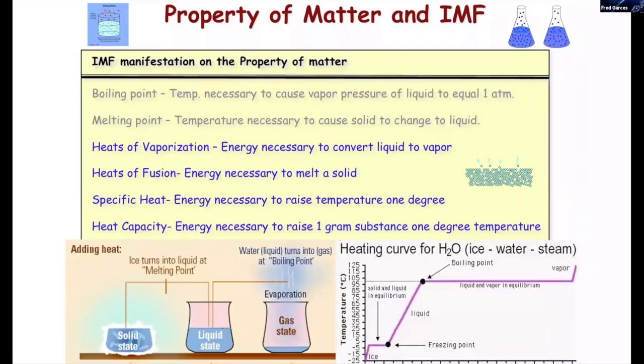Different properties. Here's an example of what we're talking about: specific heat, heats of vaporization, heat of fusion. So go back to chapter 3 and remind yourself about these properties.